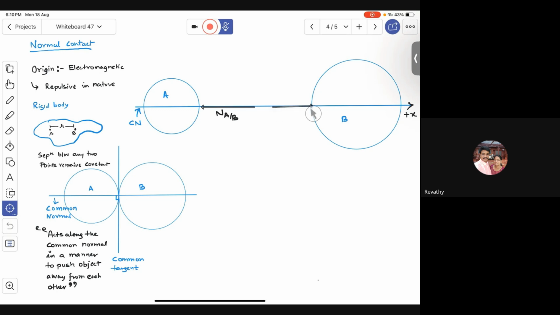Either plus x or minus x, because it has to act along the common normal. But it will act in a manner to push object B away from A, so it must act in the rightward direction. I hope this point is clear. Whenever we draw the normal contact force, we must indicate the common tangent and common normal, so that it becomes easier to find the common normal.